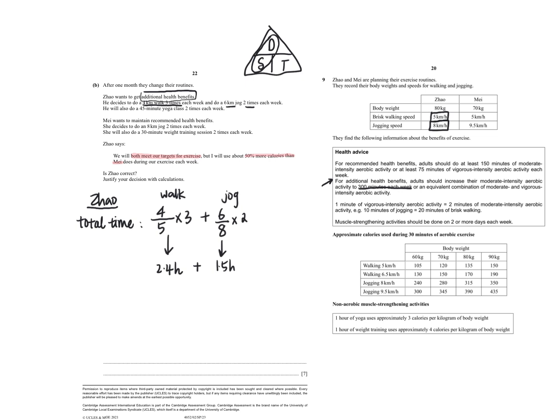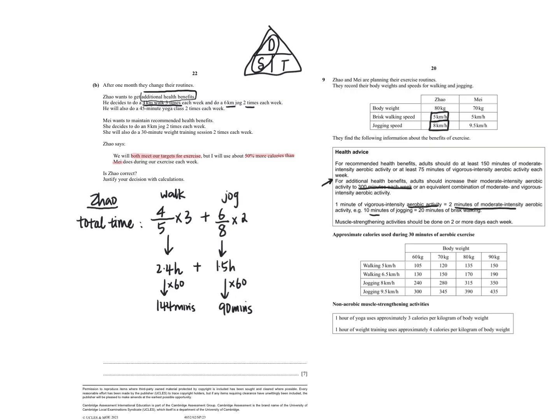So to check, I want to know whether she actually meets the target. If I times 60, this is 144 minutes. For this one, if I times 60, it's 90 minutes. But take note, they say that 1 minute of intensive aerobic is 2 minutes of moderate intensity.